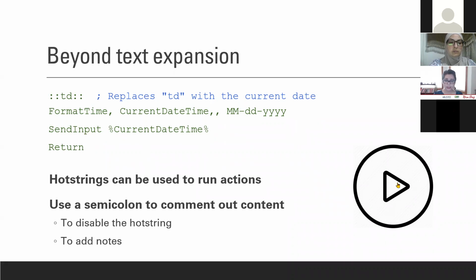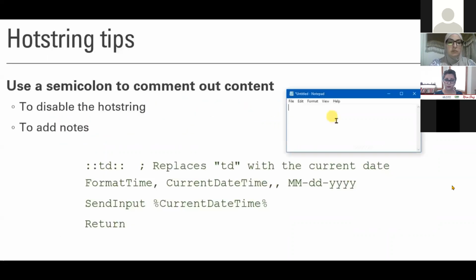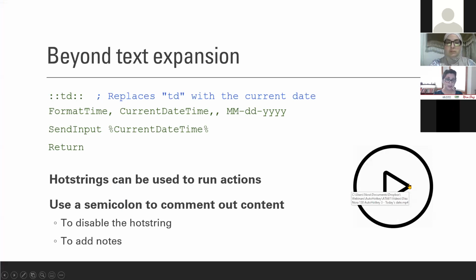So here's an example of what TD does. I want to show you what it does because it's really very good. And there it is. And of course, it's not today's date because I recorded that video a while ago. Now, if you want to modify the format of the date, just change this. For example, right now it's two numbers for the month, 2 for the day, and 4 for the year.